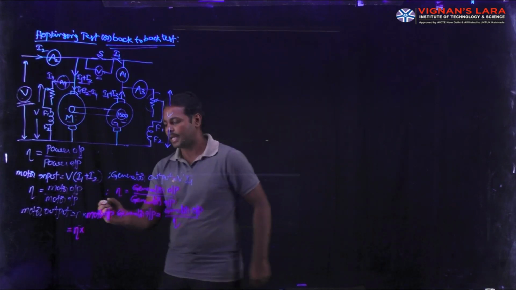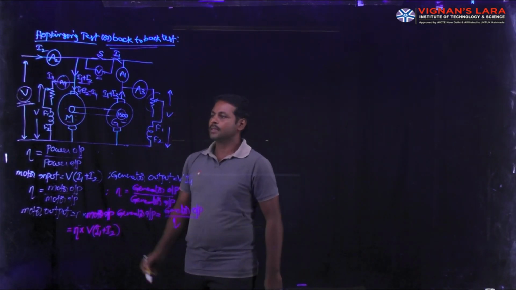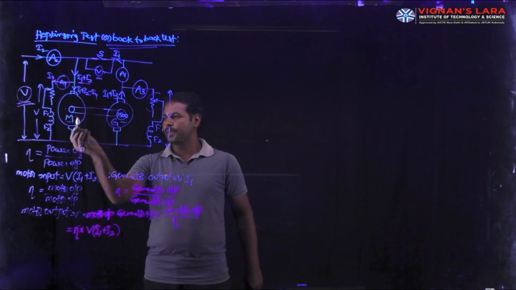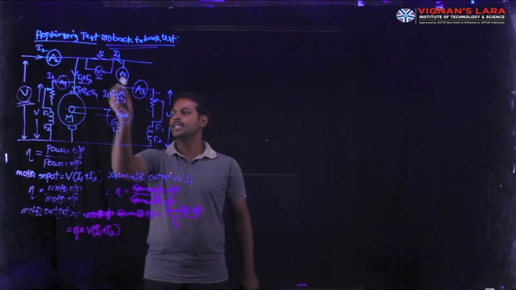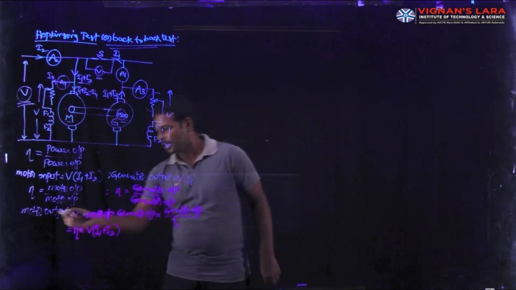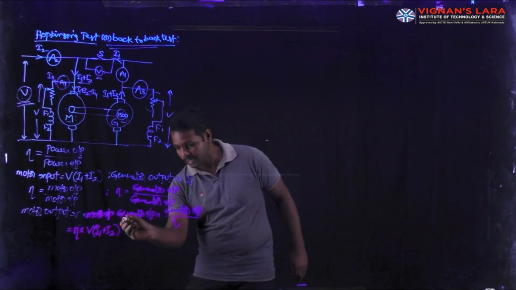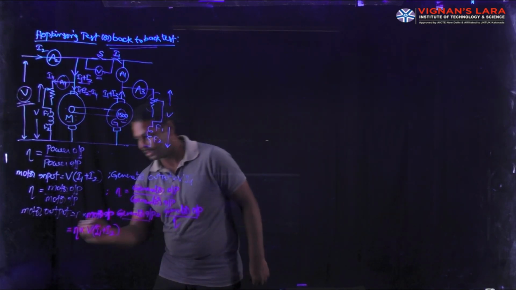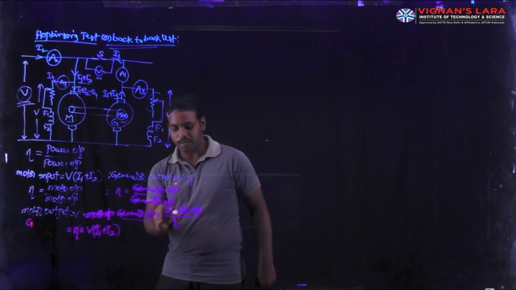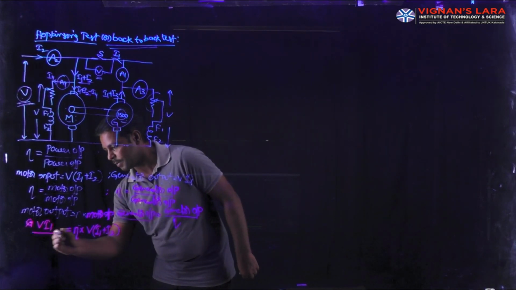Already we have calculated the value: efficiency into V into (I1 plus I2). In this, the output of the motor is directly coupled to the generator, so generator output is equal to motor input and motor output is equal to generator input. Generator input is equal to output divided by efficiency, so generator output is V into I1 divided by efficiency.